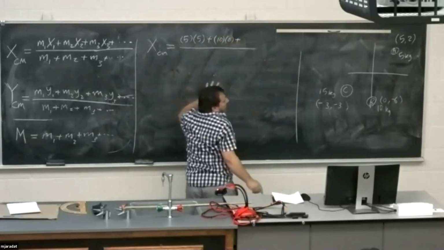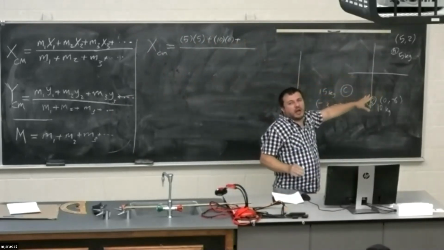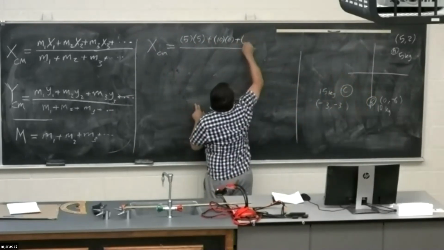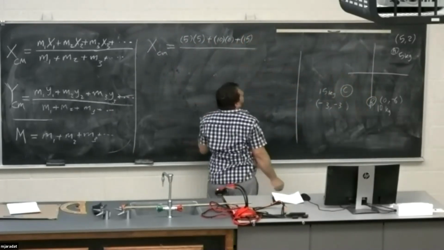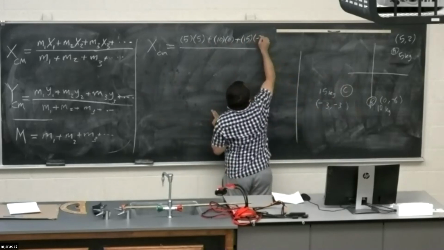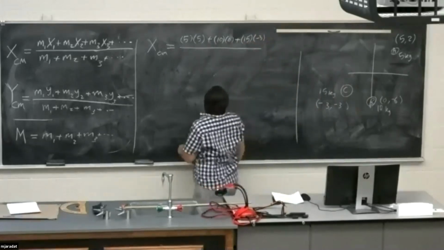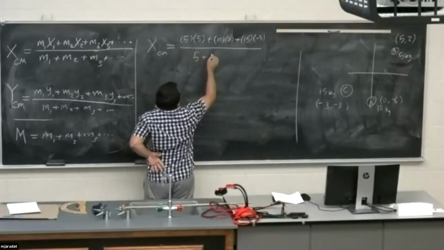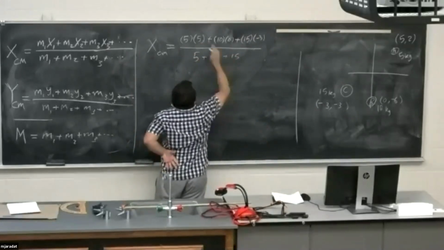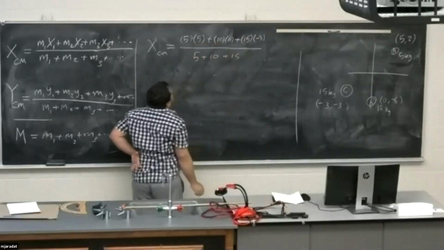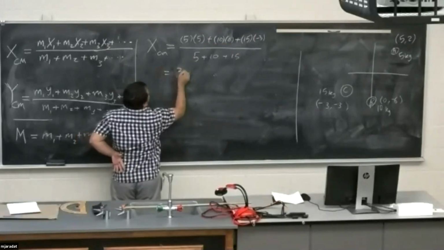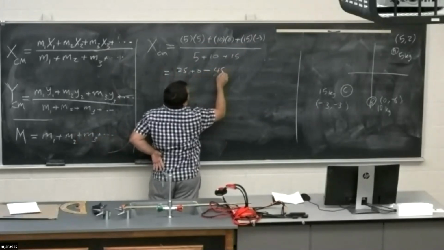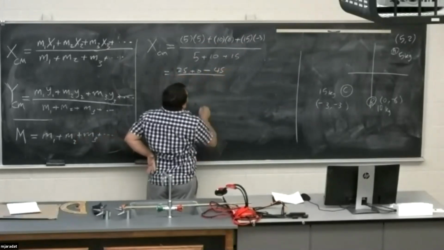Plus, as we see, the XY plane and our origin is given in the example. What about the mass C? It is 15 kilograms, and its x position is negative 3. Over the total mass, we need to add 5 plus 10 plus 15. This will give us 25 plus 0 minus 45 over how much? 30.